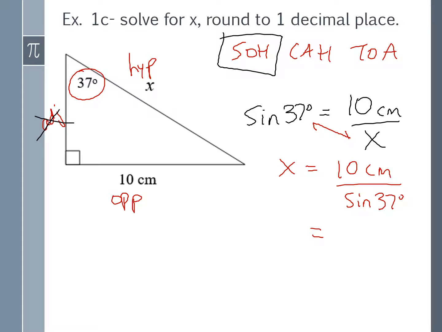The sine 37 multiplies down to where the x used to be. So we're left with 10 divided by sine 37. We're going to round to one decimal place. You should have got 16.616. If you round to one decimal place, you should end up with 16.6 centimeters.